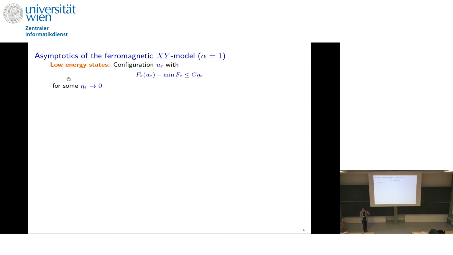This is essentially what is summarized here. So your energy is allowed to deviate from the minimal energy by a certain amount, and this amount will go to 0 as epsilon goes to 0, so as the lattice spacing goes to 0.